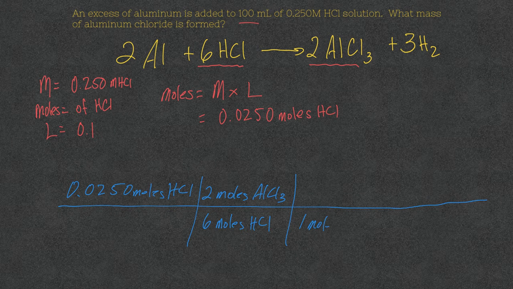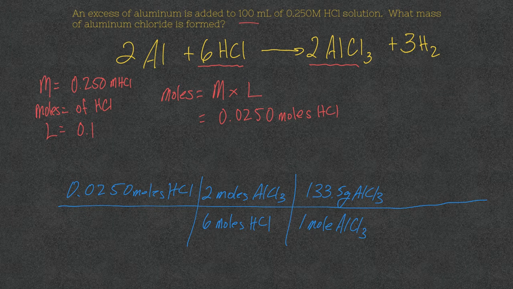1 mole of aluminum chloride, when I add up the molar mass of aluminum, which is 27, plus chlorine's 35.5, but I need 3 of them. I add all that mess up and I get 133.5 grams according to my periodic table of elements.